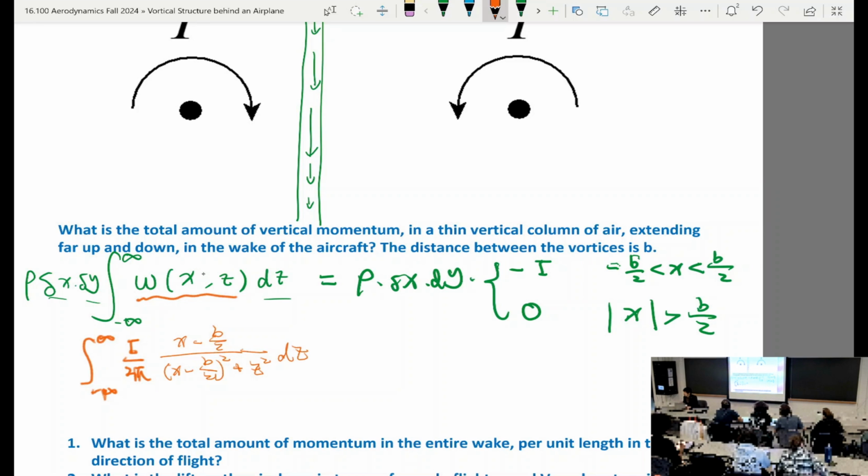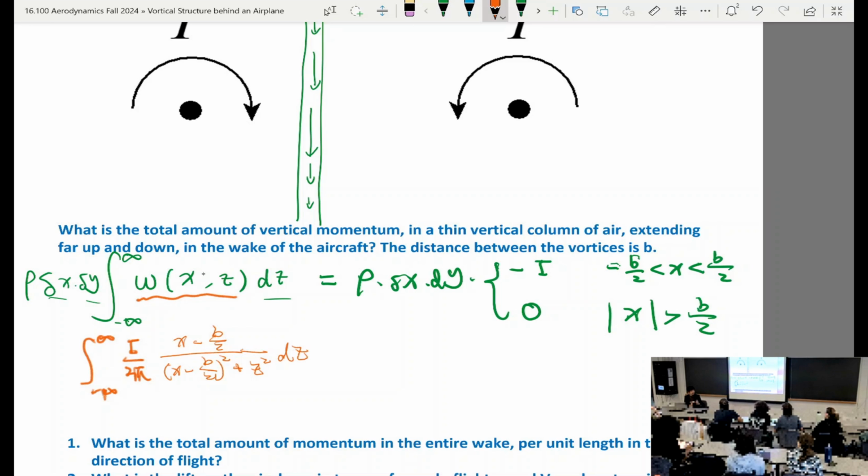Whenever you see a complicated integral, the first instinct should be to change the variables to make the integration simpler. If you have done such integrals before, what change of variable would you like to make to make the integration easier to deal with?